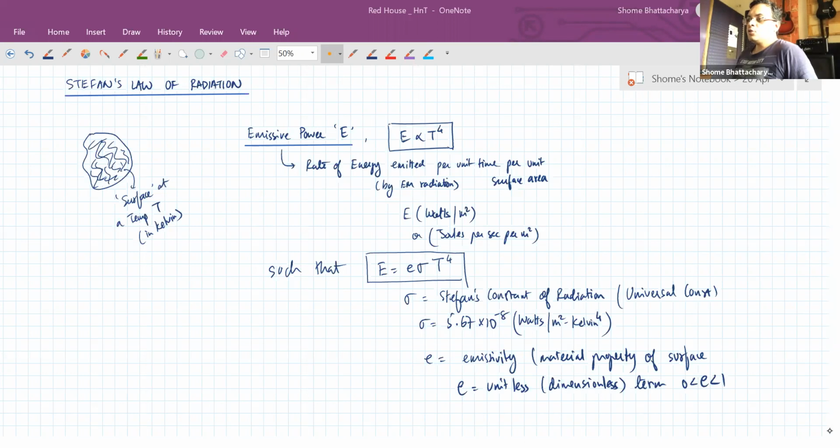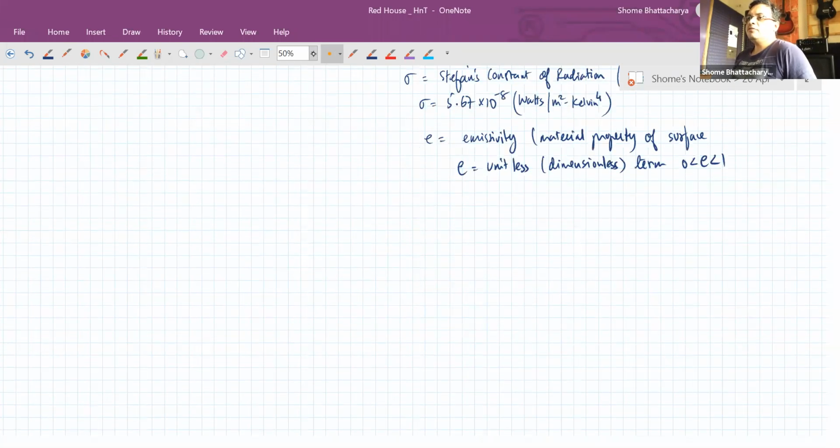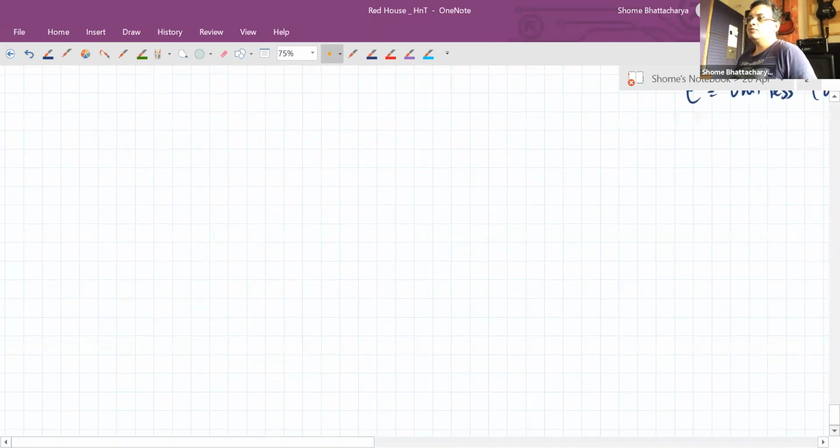Okay, so now let's talk about emissivity. So emissivity is actually a factor which compares different materials according to how well they emit. Okay, so emissivity is a material property. Okay, it is basically a fractional value.